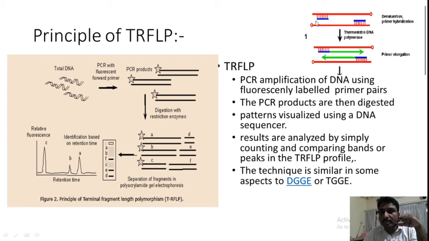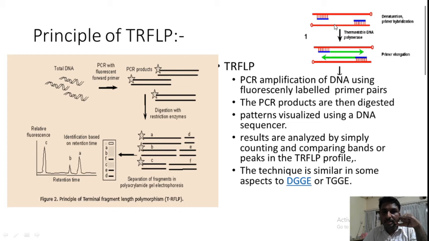So normally the 5' end of the primer may be linked with the fluorochromes. The 3' end normally extends during the elongation process. Likewise in the reverse primer, this 5' end may be linked with the fluorochrome, and the 3' end may extend during the elongation process. So finally you will get products like this.